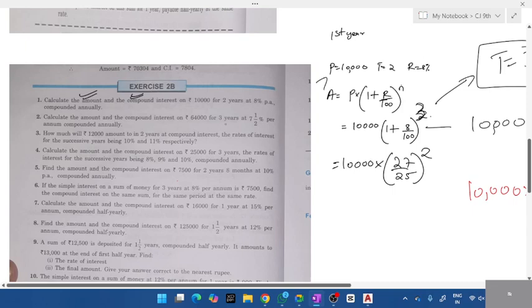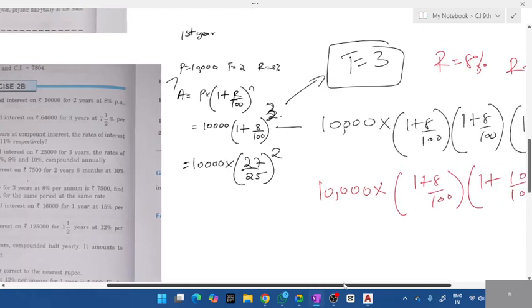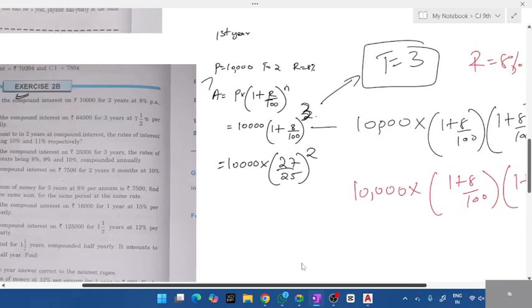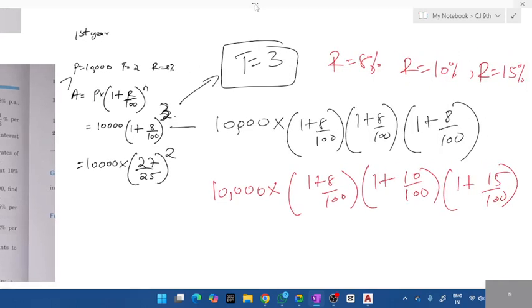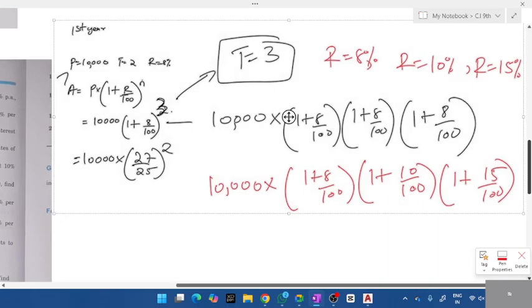How many years are given? Time period for the second one? What's the time period? 3 years. Second question, all of you read the second. Okay, rate. What about rate? Okay, 7 1/2. I want you to give me the data. Tell me the data for the second question.